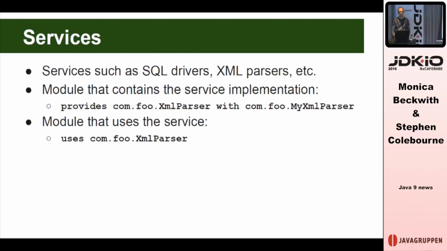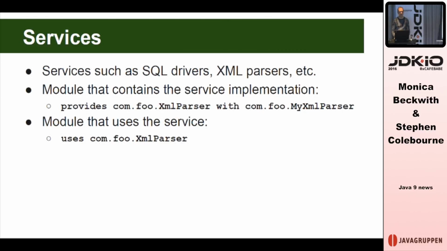Services is the other thing that there's support for. So there's things like SQL drivers, XML parsers, lots of stuff. So this is the Java service loader class. You may not have come across it, but it is a long-standing part of the JDK that allows you to specify a mechanism for services.